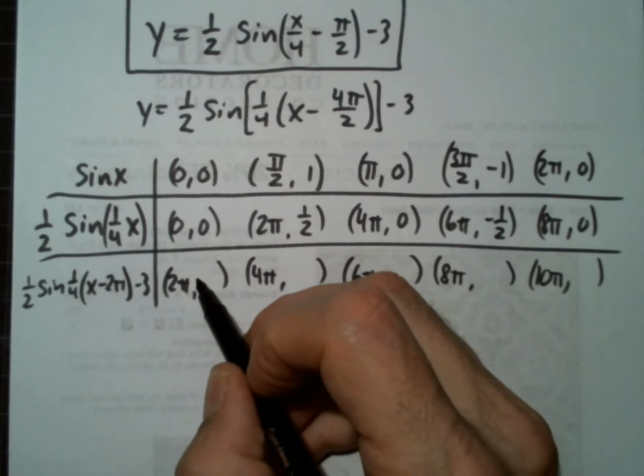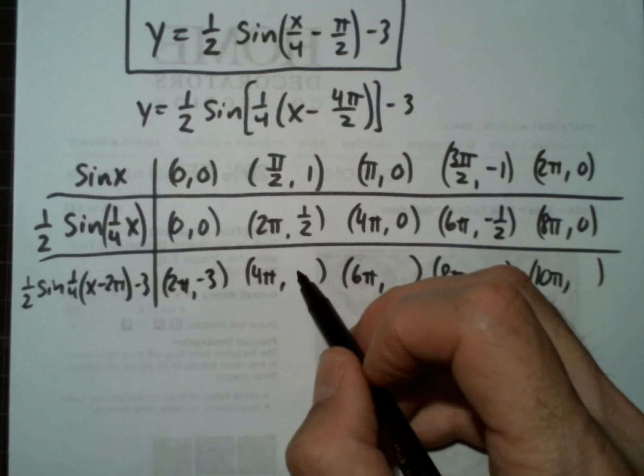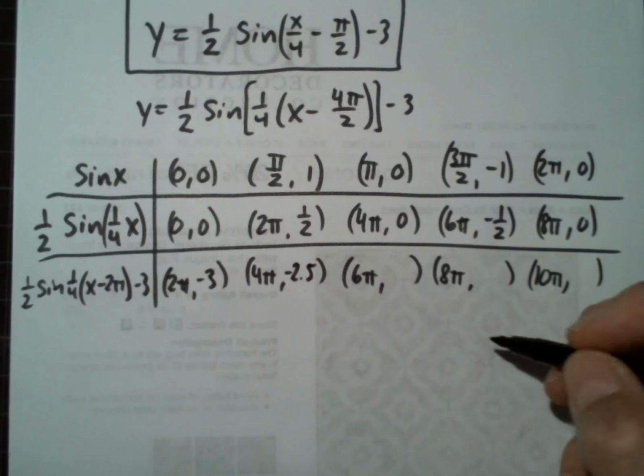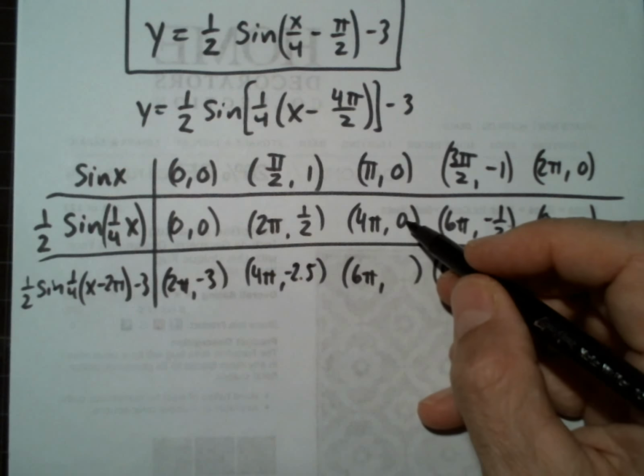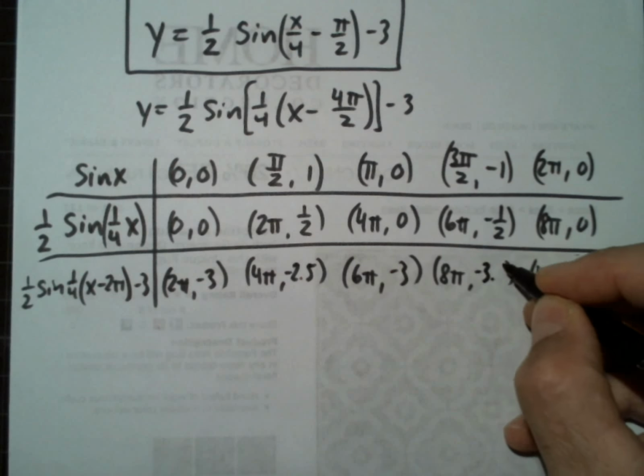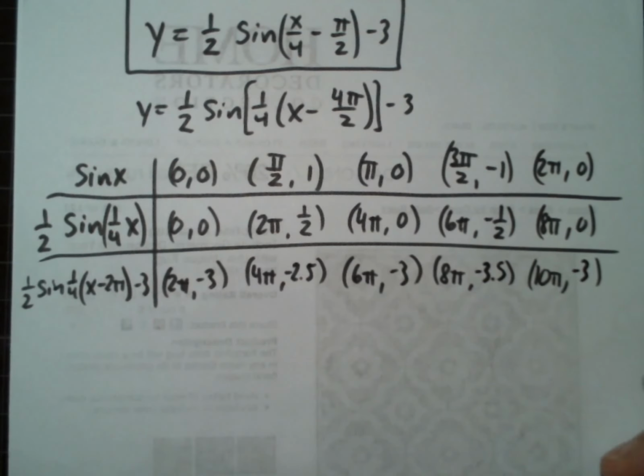And subtract 3 from the y values. So this will give us negative 2.5, minus 3, minus 3, minus 3.